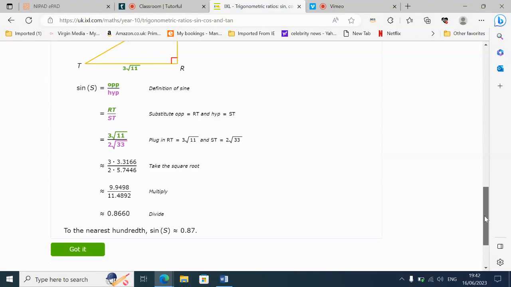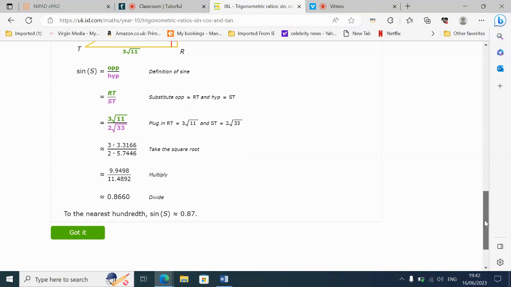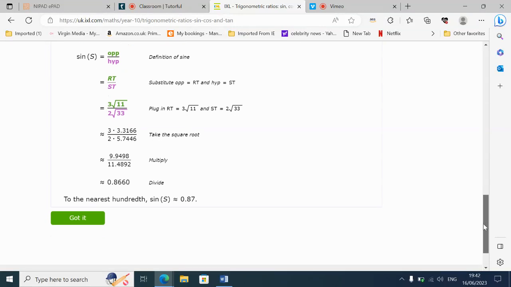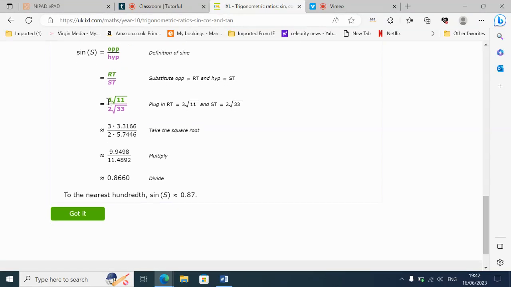And then you multiply, don't you? Do you see the number 3? Then you multiply that by 3, so you would get 9.9498.